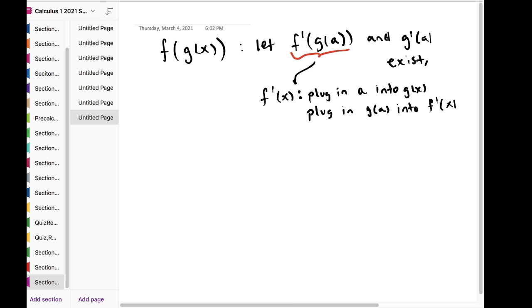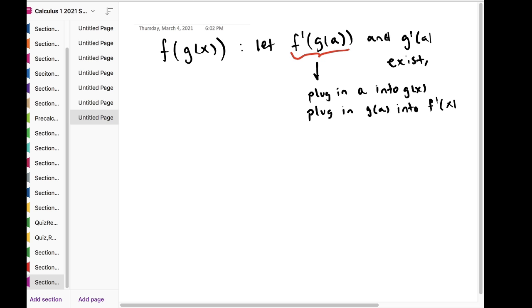If you don't remember how that reads, that's how you read it. So it's g of a plugged into the derivative. And then it turns out we'll also have to think about the derivative of g as well.